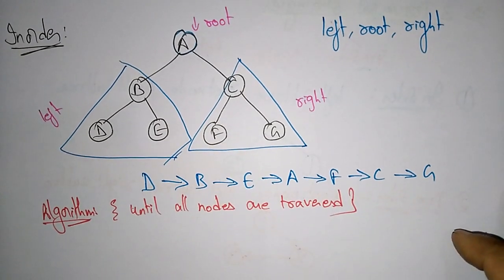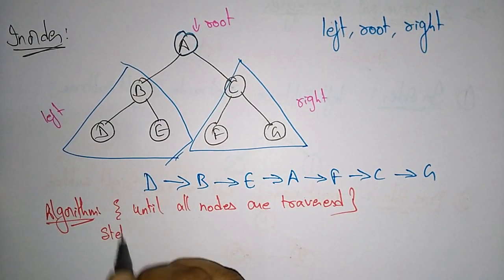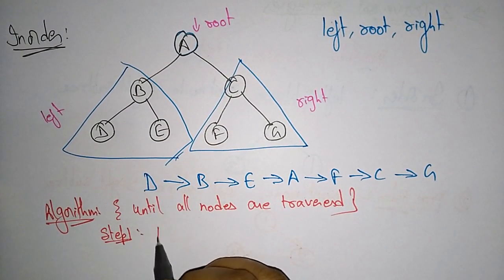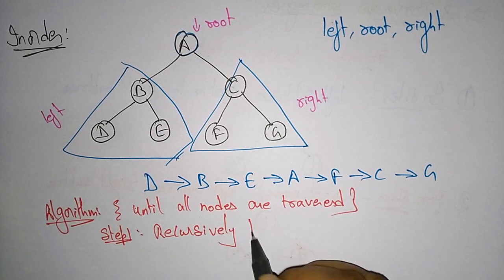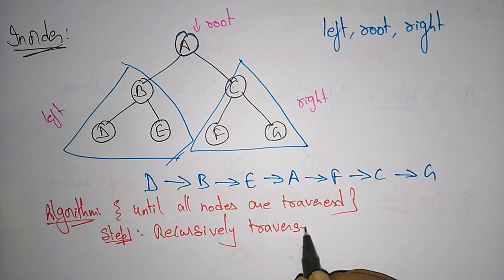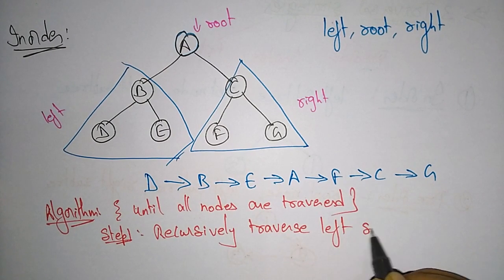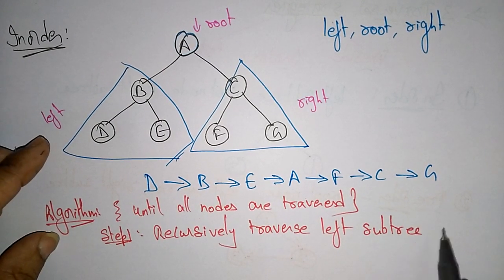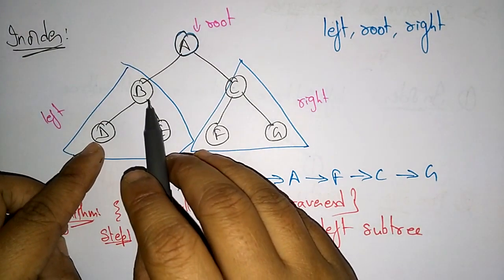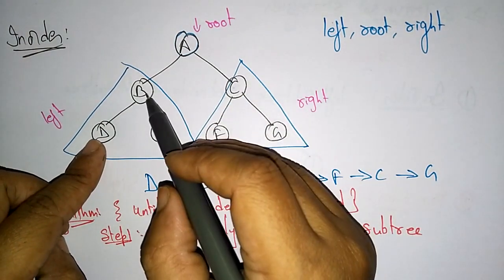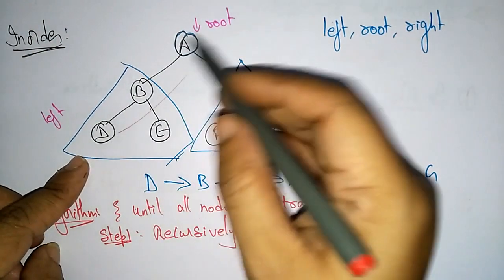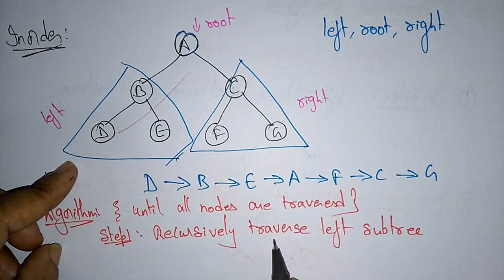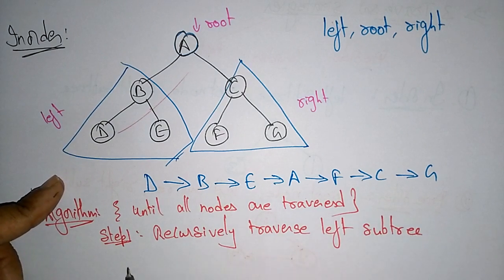Step 1, recursively traverse the left subtree. First you have to recursively travel. Here I already recursively traveled. First I come to the left subtree, again I come to the left subtree. So this is called recursion. So recursively traverse the left subtree.